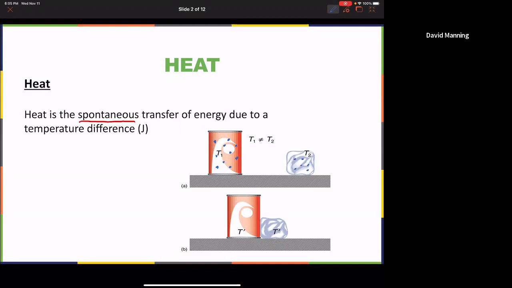The ice. Good. So when you bring them together, these faster moving molecules are going to collide with the slower moving molecules, and they're going to all even out and be the same temperature, which we like to call thermal equilibrium. They equal out at thermal equilibrium. That's when the temperatures are equal.